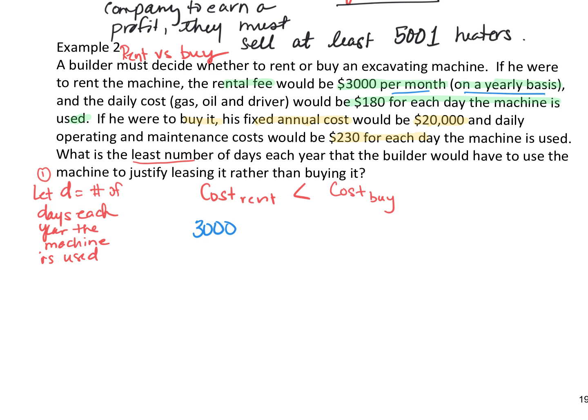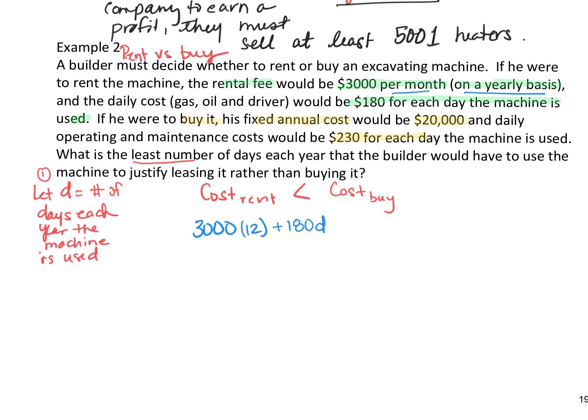That means he's paying $3,000 for the first month, all the way through one whole year, so we have to multiply by 12. And then the other part is $180 for each day the machine is used. We said D was our variable, so it'd be 180 times D.